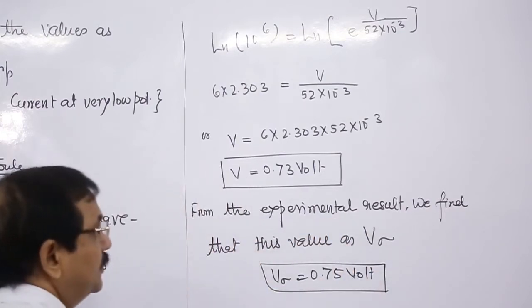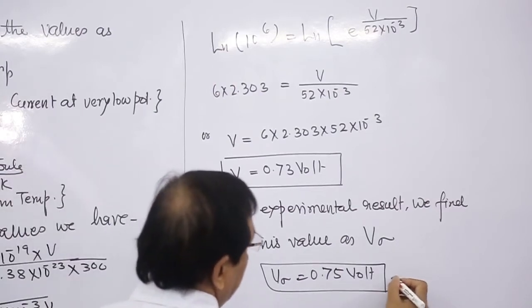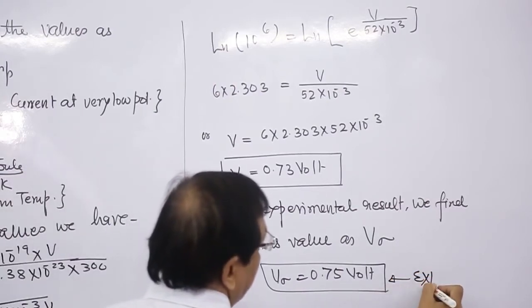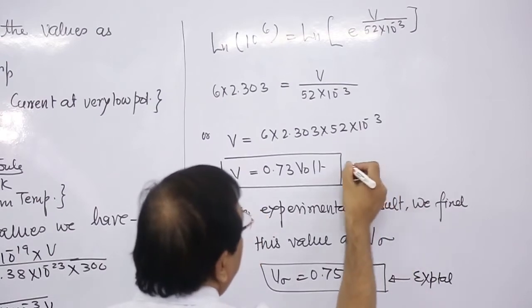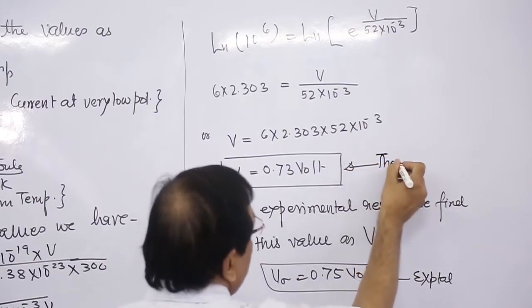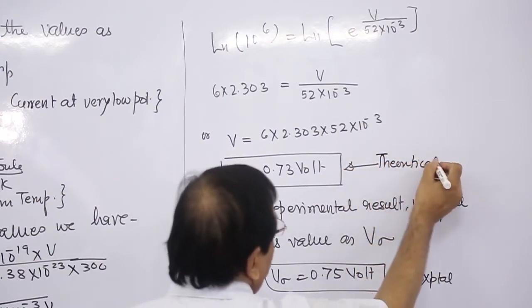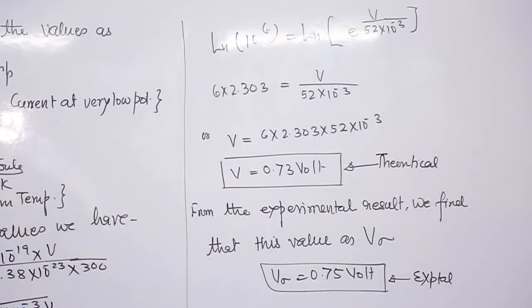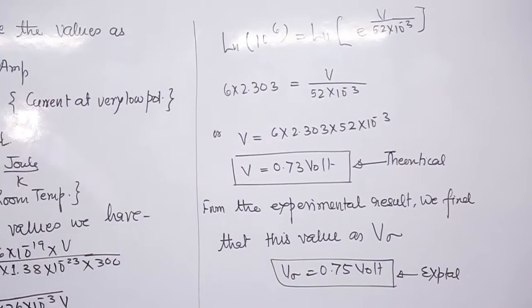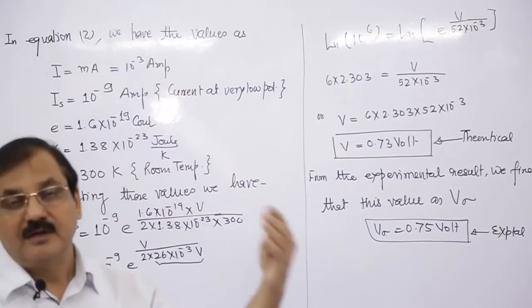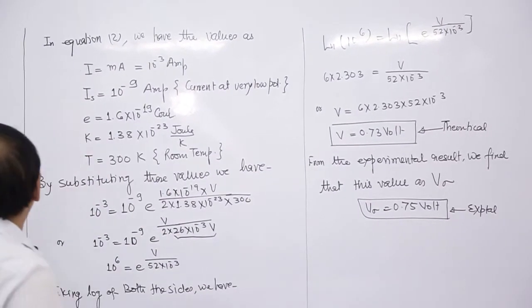So this is the experimental value, and this is the theoretical value. So we say that at this particular room temperature, this is the voltage that corresponds to the milliampere current, or there is an increase in the current.